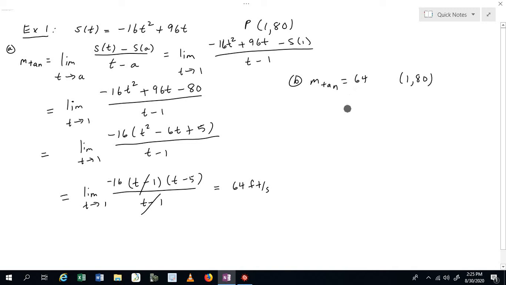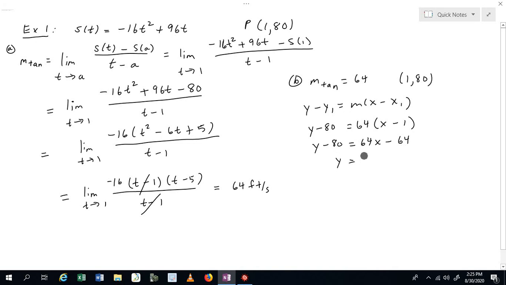And so we can use the point-slope formula to find the equation of this line. Okay, m is 64, that's our slope, and then x1, y1 would be 1 and 80. And then just solve for y here, distribute the 64, so you get 64x minus 64, and then add the 80 over to the other side, and you just get 64x plus 16.